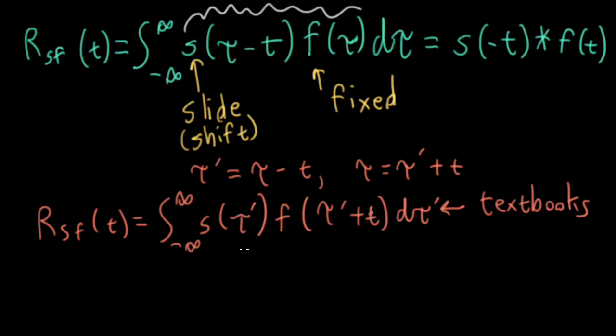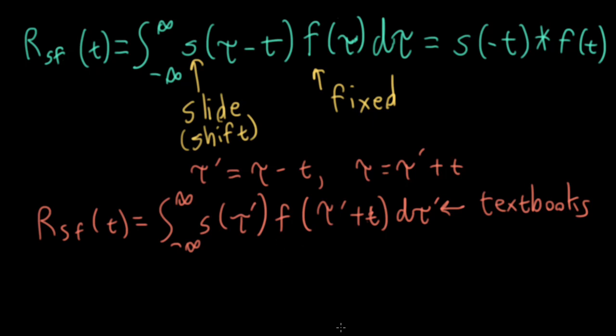Now, this version down here, what you essentially do is you keep the template that you're trying to match fixed, and you're taking that whole data sequence f and sliding it to the left by t. So in one case, you're sliding the template to the right, in the other case, you're sliding the data to the left.